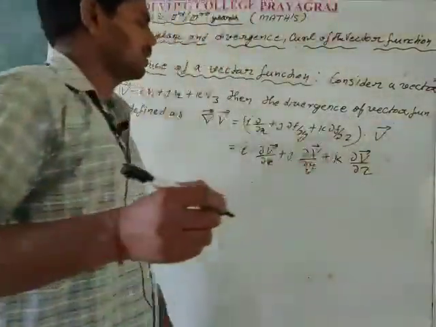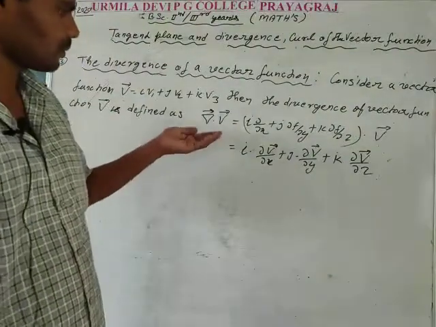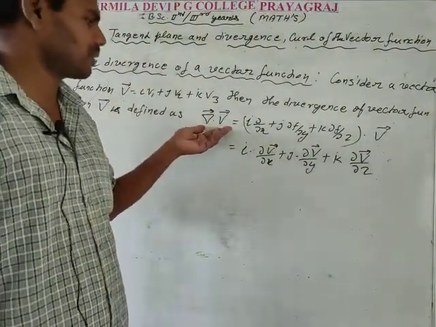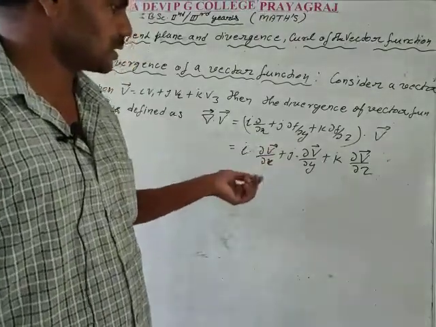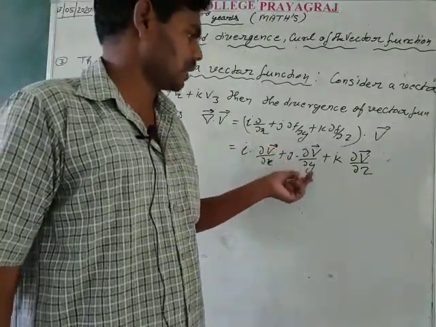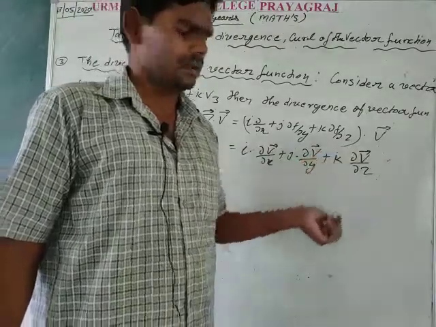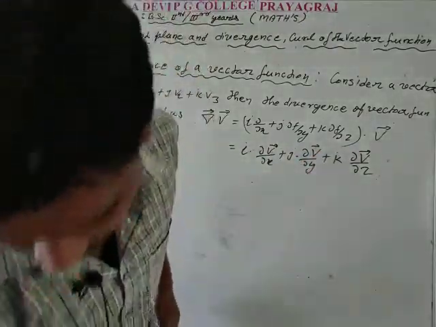So this is the required divergence of vector capital V, which is denoted by i dot del V by del x plus j dot del V by del y plus k dot del V by del z.